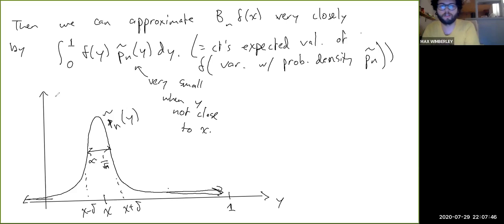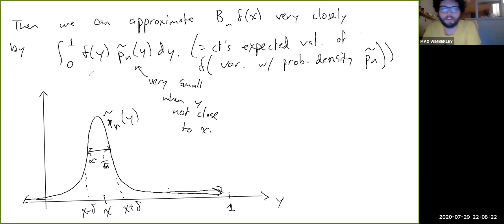So intuitively, we expect that Bn f of x will approach f of x itself, because if this is getting super narrow and focused around x, the only value that ends up mattering is f of x. Basically you're forming an extremely tall spike whose total area is 1, and then multiplying that by f of x. So the total area would just be f of x after that, so this is going to approach f of x.